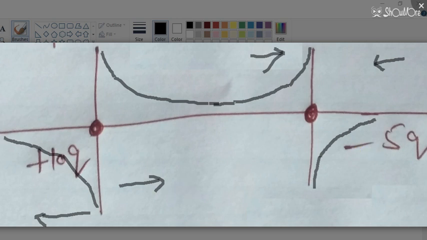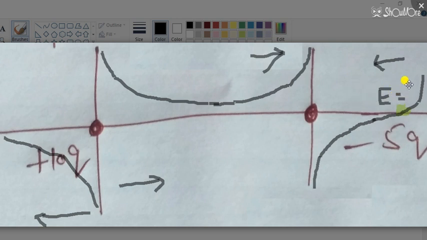Now the question is about the null point, where the null point can be obtained. The null point can be obtained near the smaller charge, so here we can find the null point, where the electric field is equal to 0.